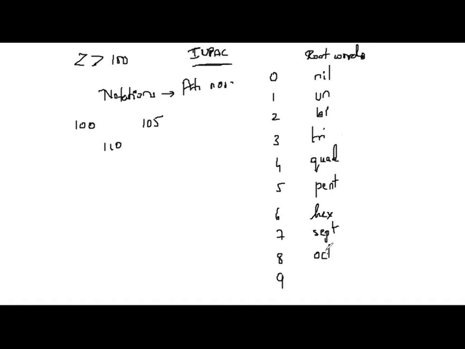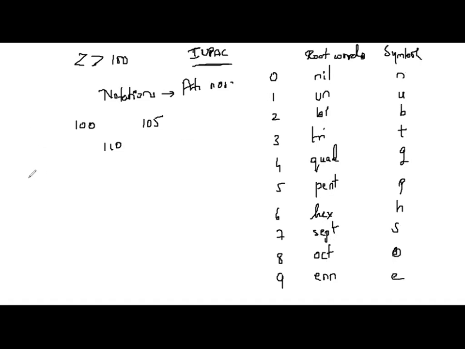For 8, it was oct. And for 9, it was enn. And there were symbols also: n, u, b, t, q, p, h, s, o, e. Right? So these were the formats used. These were all notations being used.